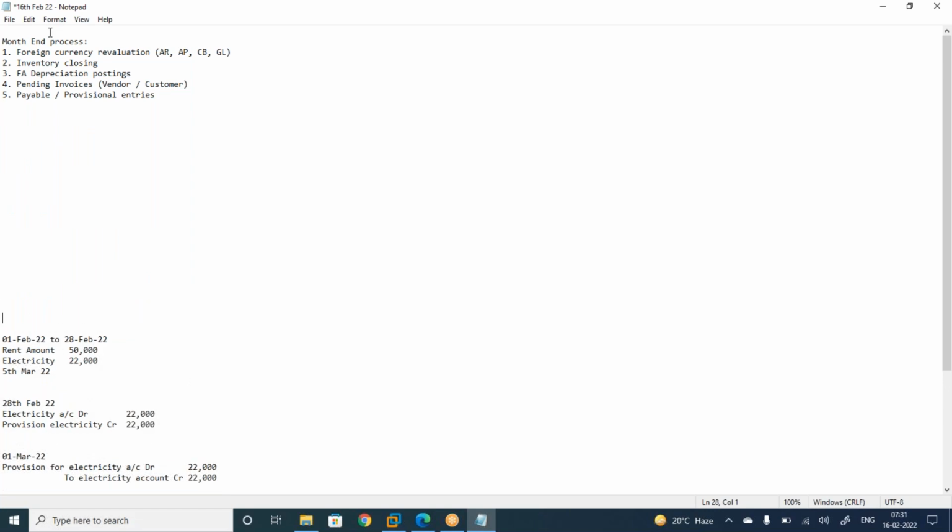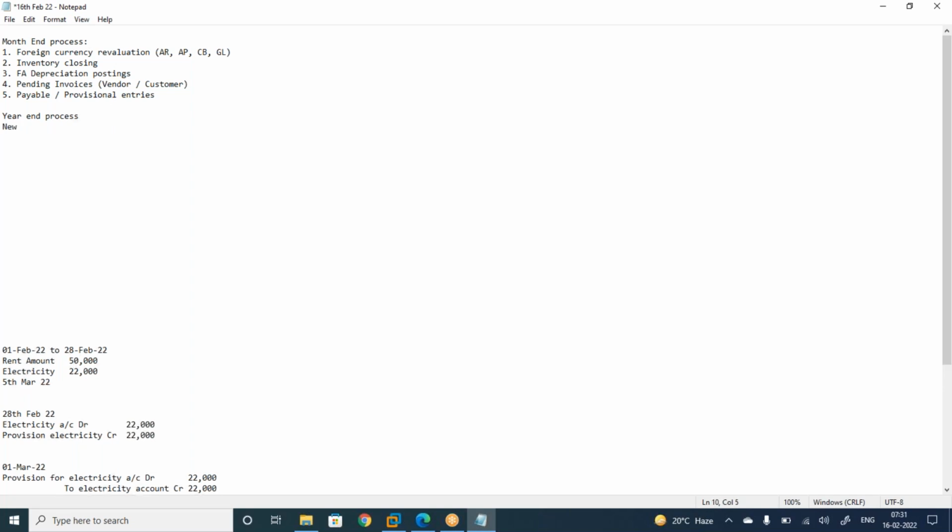Now, year-end process means, on top of all these 5, we need to create a new financial year. The new financial year should be created in the system. New financial year means, in India, April to March, that is 1st April 2021 to 31st March 2022.